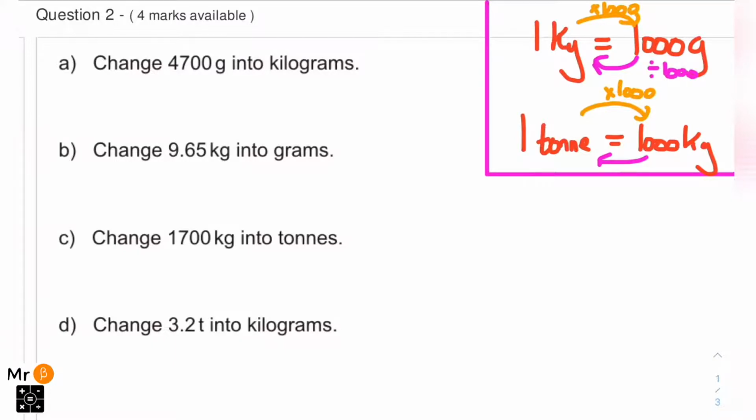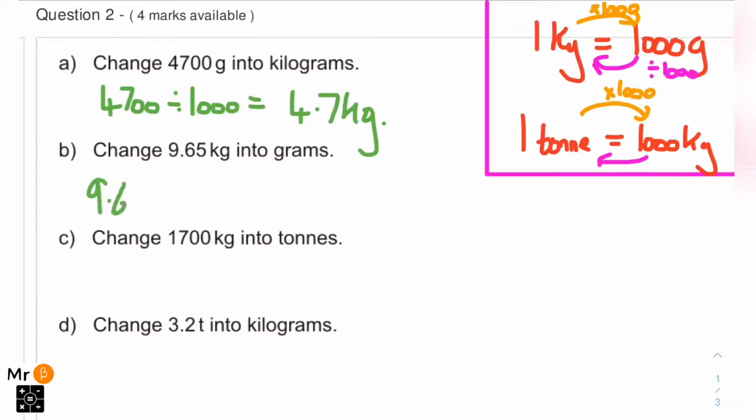So part A, we need to go from grams to kilograms, therefore we are dividing by 1000. Our decimal place moves 3 places to the left, so we get 4.7 kilograms. Part B, times by 1000, and you get 9,650 grams.